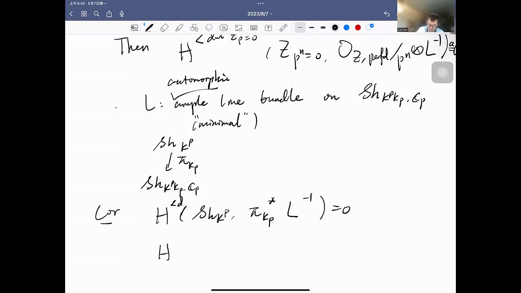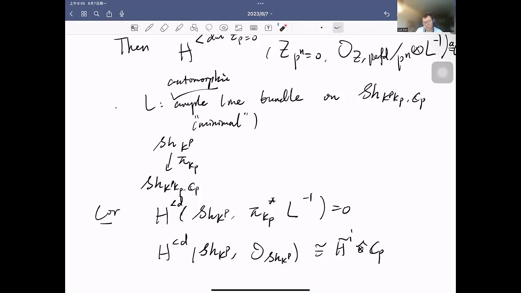But if you remember, what we're interested in is not this twisted version. This untwisted version is what is isomorphic to the completed cohomology. So somehow we need an argument from this twisted version to this untwisted one.